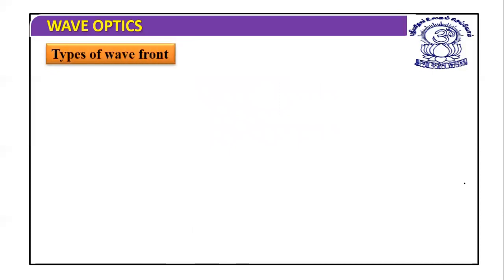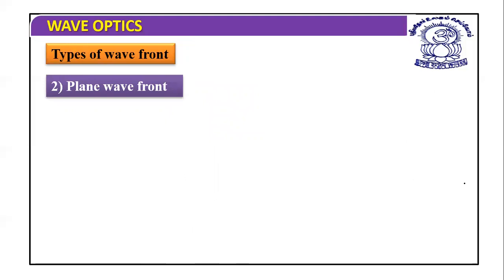The second type of wavefront is plane wavefront. This occurs or appears when the source is at infinite distance.